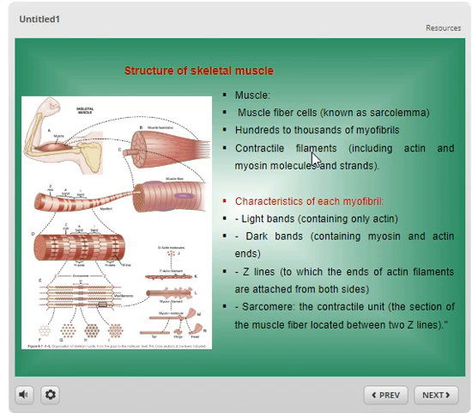Another structure in the muscle is sarcomere. The sarcomere is the basic contractile unit of skeletal muscle, defined as the section of the muscle fiber located between two Z lines. Sarcomeres contract and shorten during muscle contraction, leading to overall muscle movement.